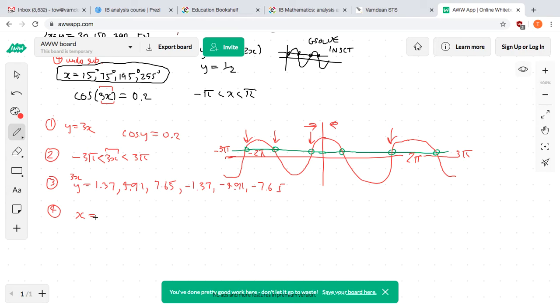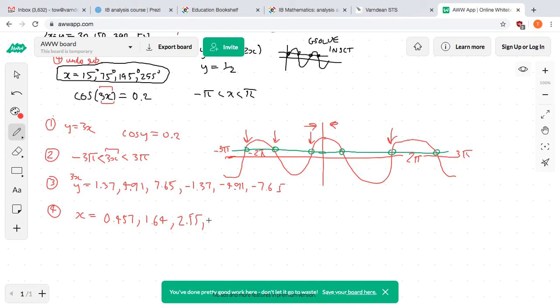So let's just do that. 0.457, 4.91 divided by 3 is 1.64, 7.65 divided by 3 is 2.55, and the other ones are going to be the same but negative.